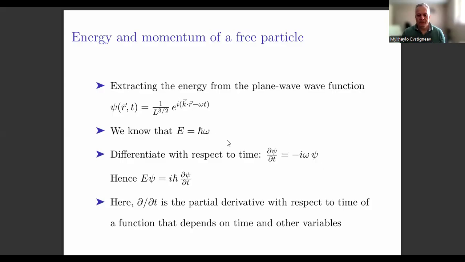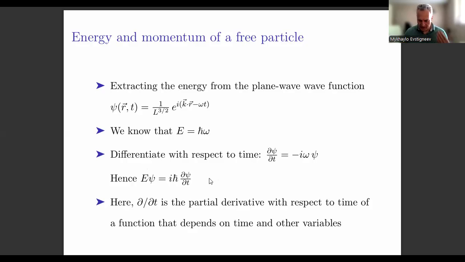Now, if we use Einstein's relation between the angular frequency and energy, we find that we can replace omega with energy divided by h bar, and we find that the energy, kinetic energy of a free particle multiplying its wave function, can be expressed as imaginary unit i times the reduced Planck's constant times the time derivative of the wave function.